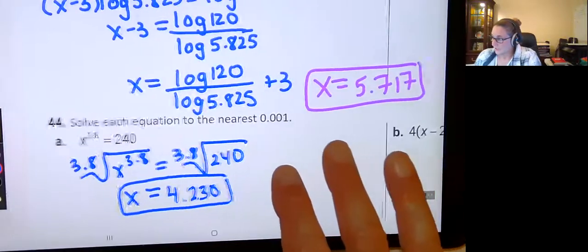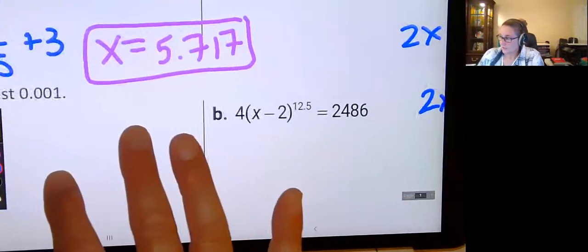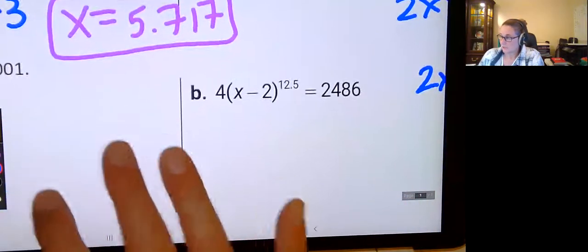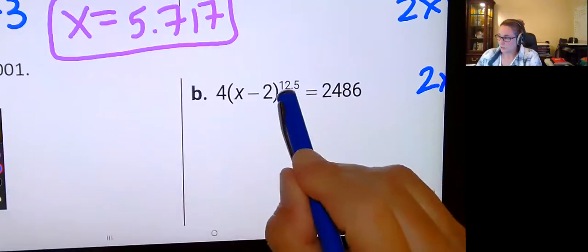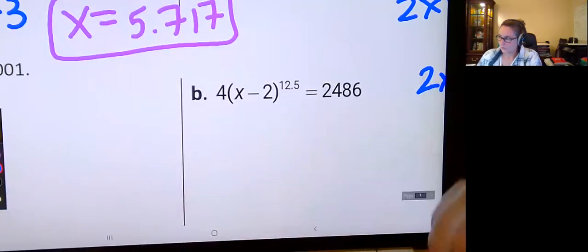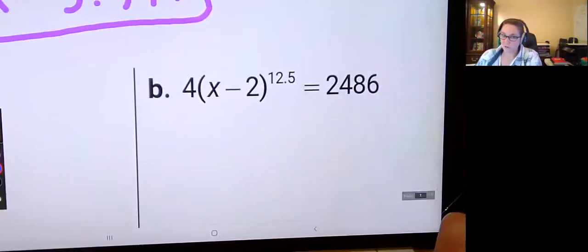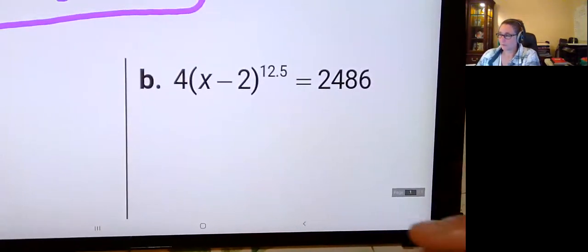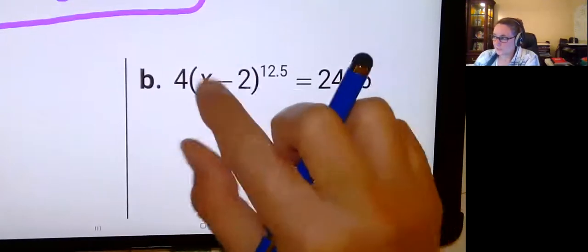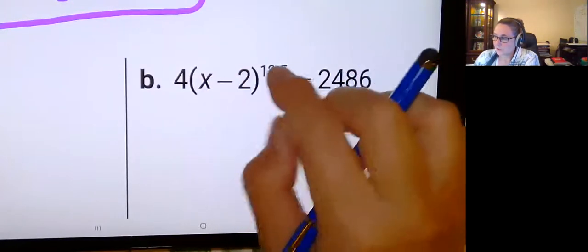Okay, the next one. This is being raised to a 12.5. I know it might be hard to see that decimal, but on the worksheet, if you zoom in, you can see it a lot better. So the first thing to do is get this x minus 2 to the power by itself.